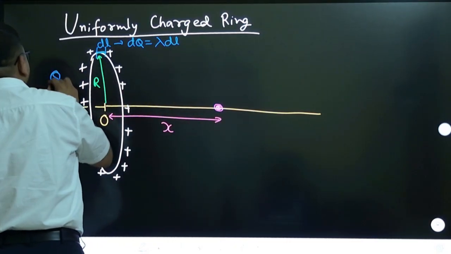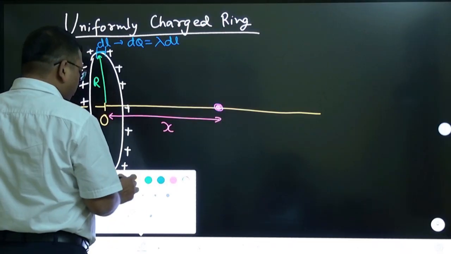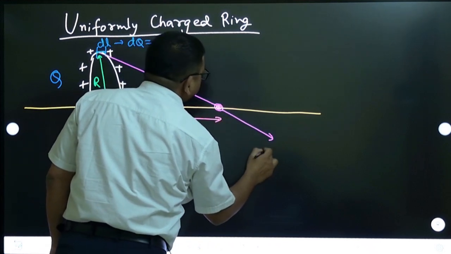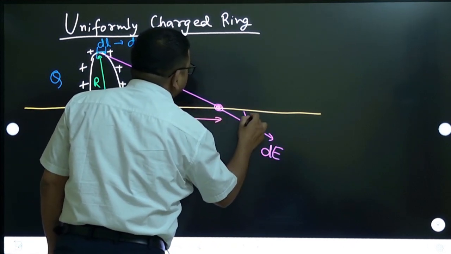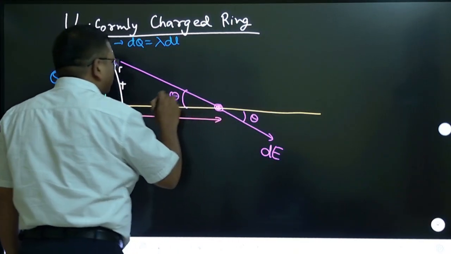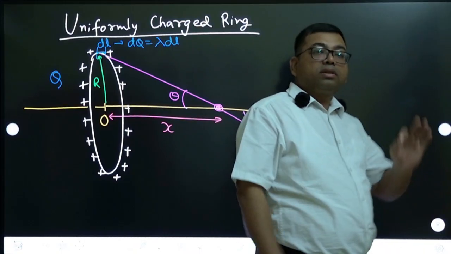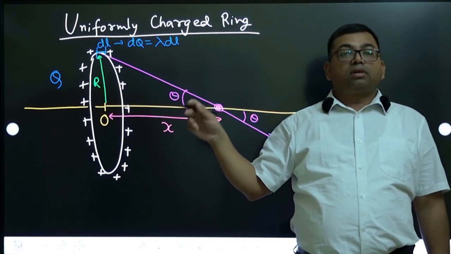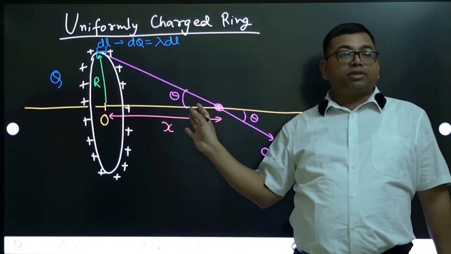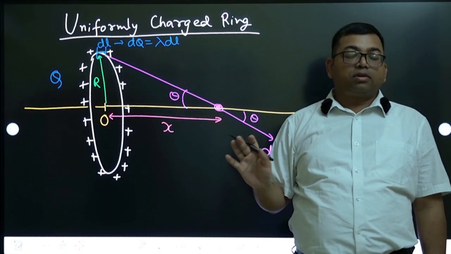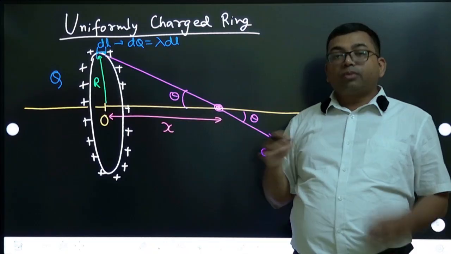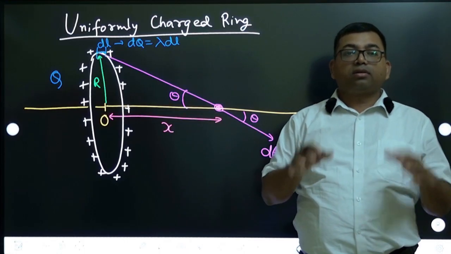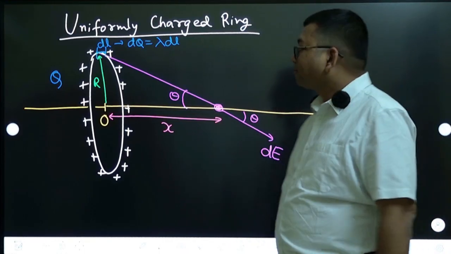The total charge is capital Q. Due to this point charge there will be a field created, which is dE, and let us note this angle as theta. Note that this point is on the axis of the ring. So for each element on the ring, this distance is fixed, so this angle is also fixed, right? Because this is a point on the axis, any point on the axis is equidistant from the ring because it is symmetrical.